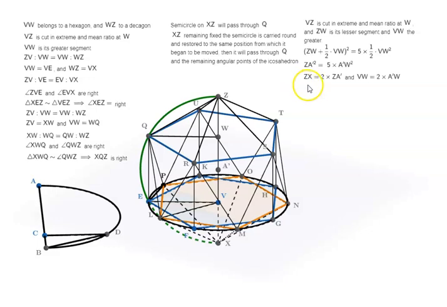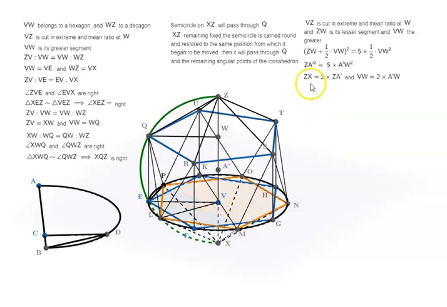Now, ZX is equal to 2 times ZA prime. Why? Because remember, A prime is the midpoint of VW, and we know ZW is equal to VX. They are both equal to EP. They are both the side of the decagon.